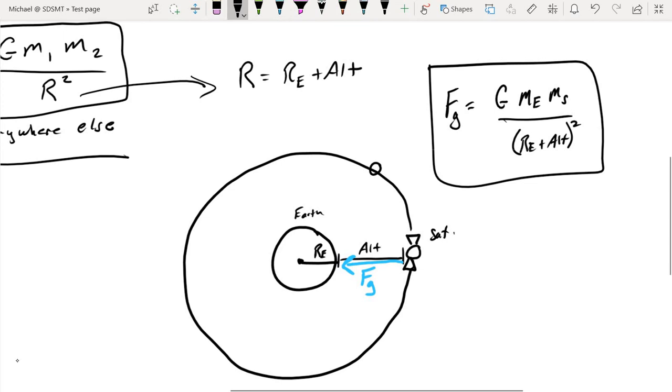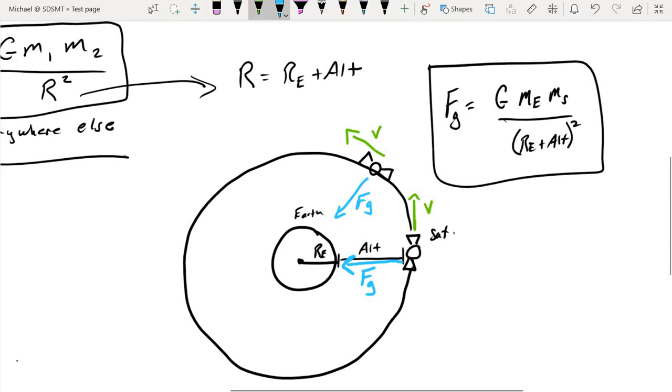So if I were to draw the satellite at some other location in its orbit, and remember for this circular motion, the satellite has some speed that is trying to carry it outward. But as it tries to travel outward, gravity grabs hold of it and pulls it back in towards the Earth.